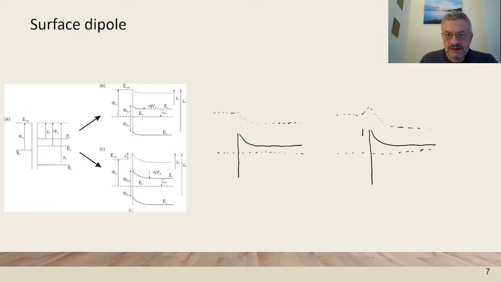And then we can see that we have an extra height of the barrier by the dipole layer. So the first situation is called vacuum level alignment, since there is no step. And in the second case, there is an additional dipole layer, which changes the height of the Schottky barrier.